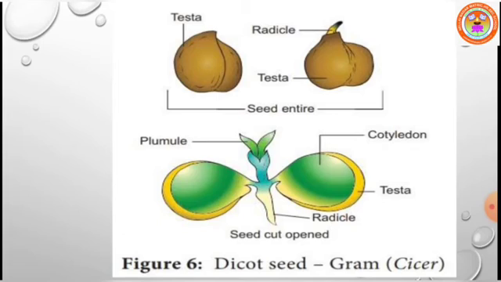The two cotyledons are laterally attached to the embryonic axis and store food material, as in the pea plant. In other dicotyledon seeds like castor, the reserve food material is stored in the endosperm because the cotyledons are very thin.